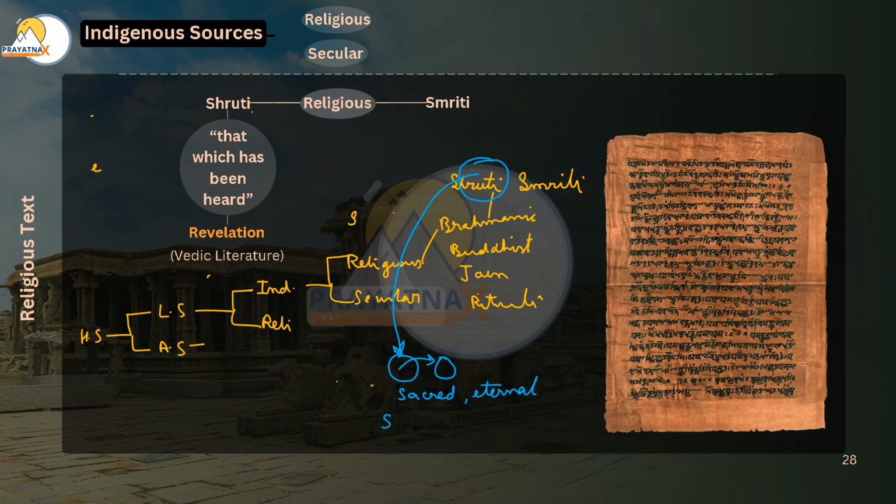Now, it comprises of the Samhita, which is basically the actual Veda which is given to Rishi by God. Then it includes Brahmanas, then it includes Aranyakas, then it includes Upanishads. Now, Samhita, I already told it basically means the actual Veda.